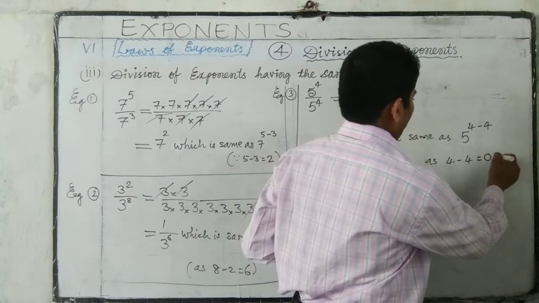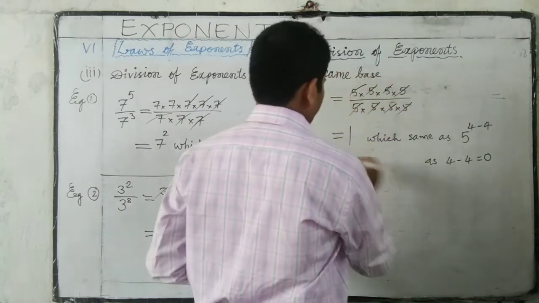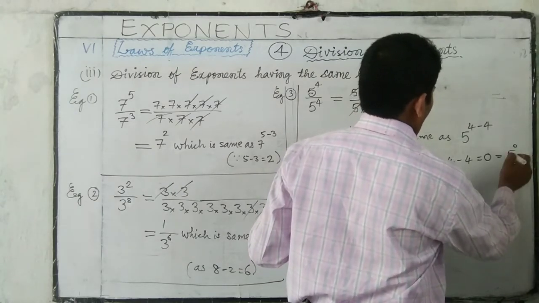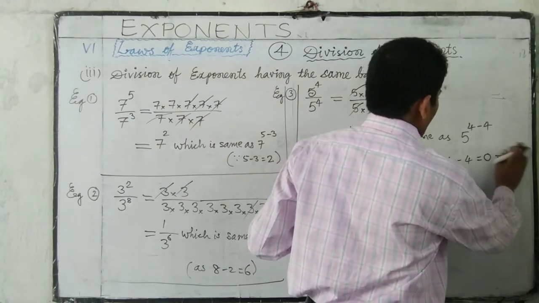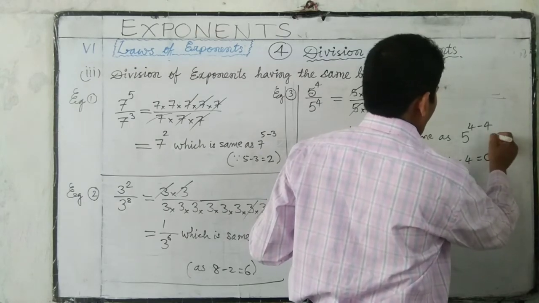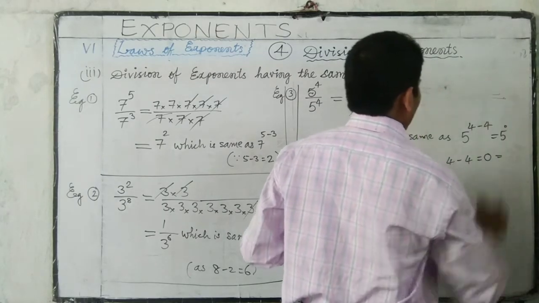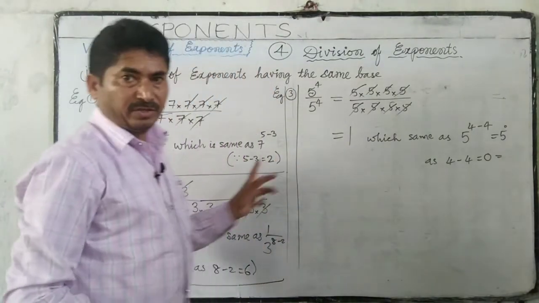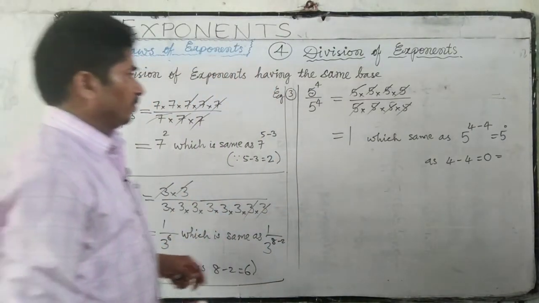So that is equal to 5 to the power of 0, so 1.